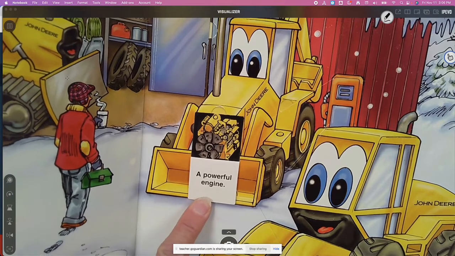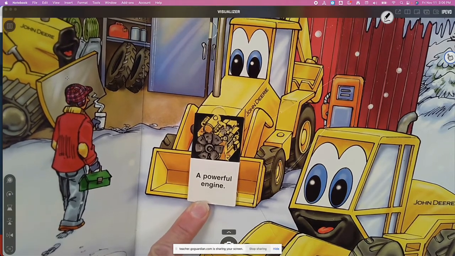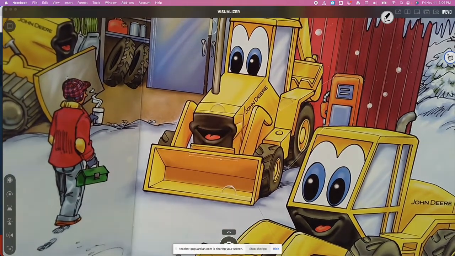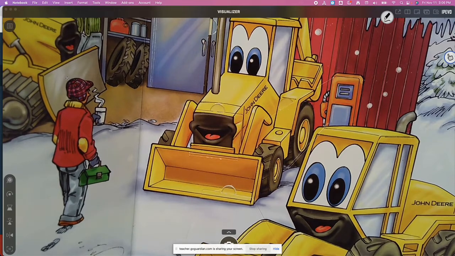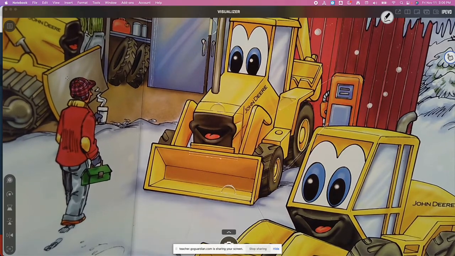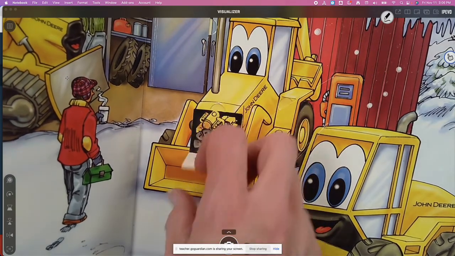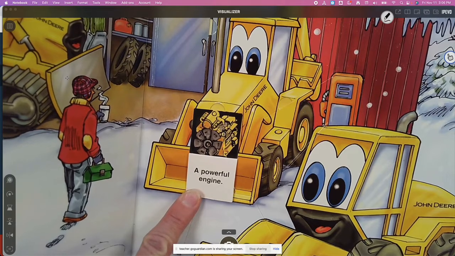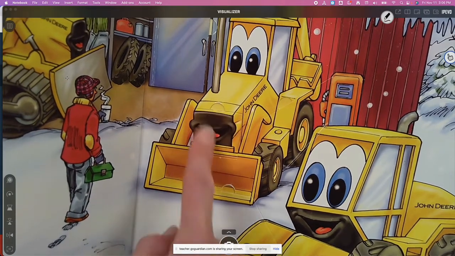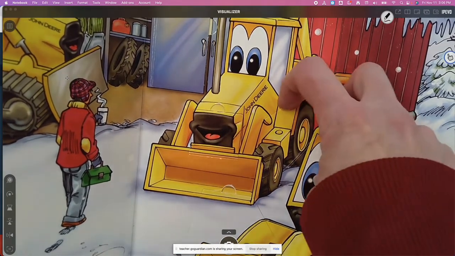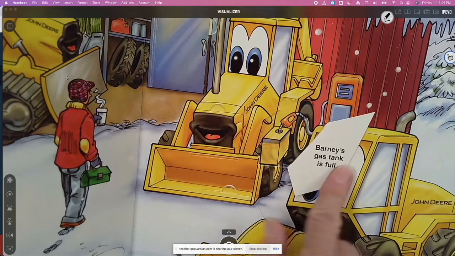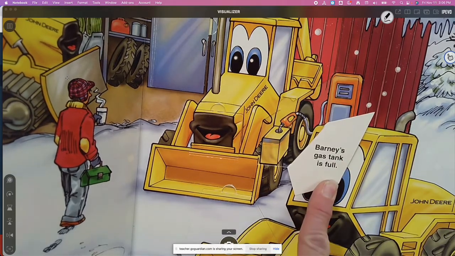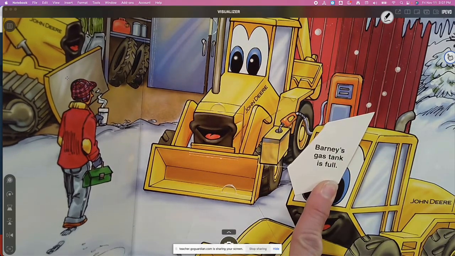Oh, look, a powerful engine. Okay. So from far away, it just looks like a happy tractor. But if we zoom in and look a little more closely, the happy tractor has a powerful engine. I wonder what makes it go. Oh, if I look more closely, we have a gas tank.